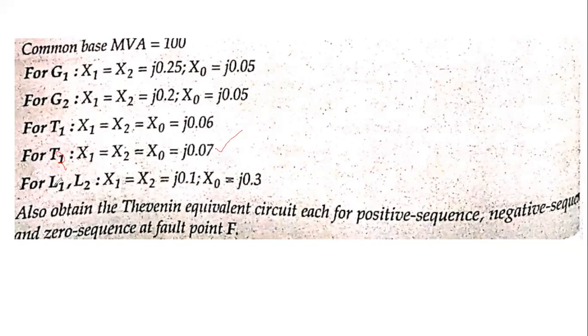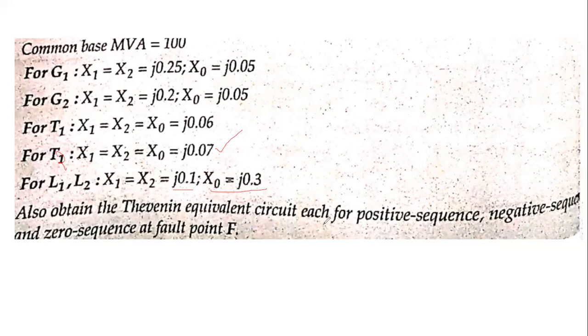For both the transmission lines L1 and L2, the positive and negative sequence reactances are J0.1 and the zero sequence reactance is J0.3.